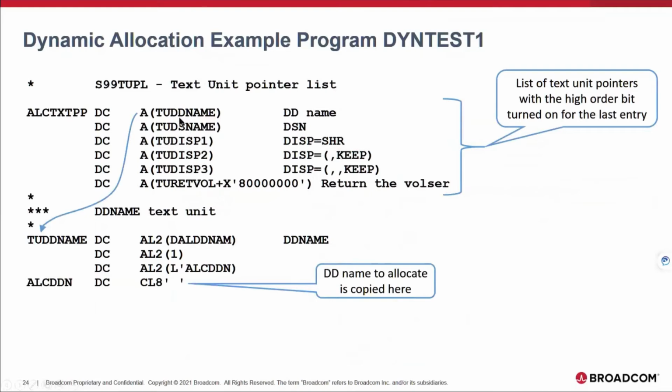And the text unit pointers, it's just a list of addresses, and then the last one has the high order bit turned on. This first one is pointing to the DD name.